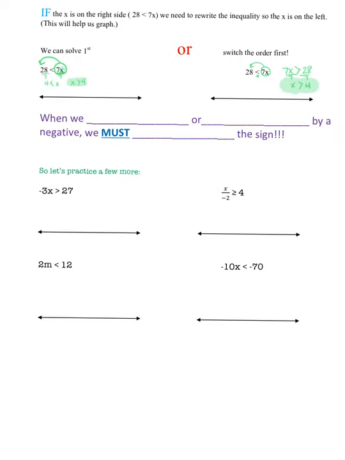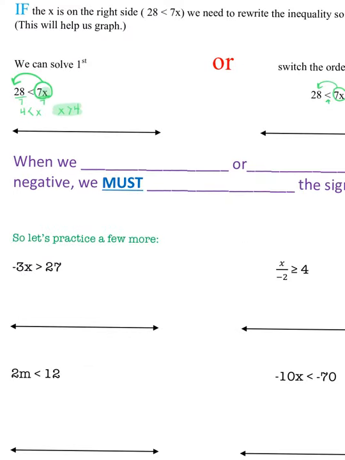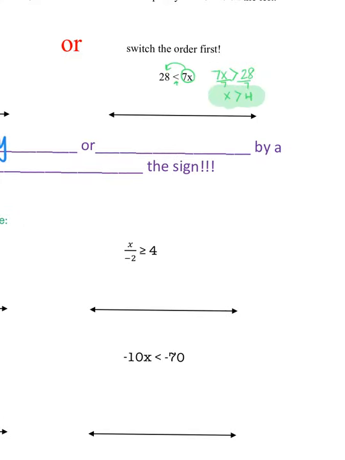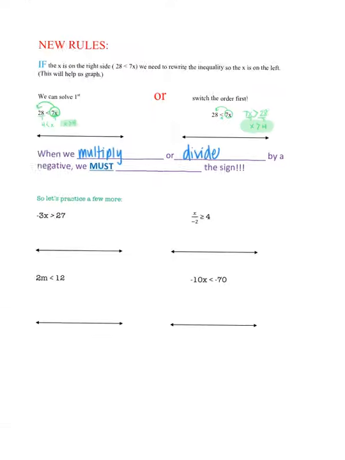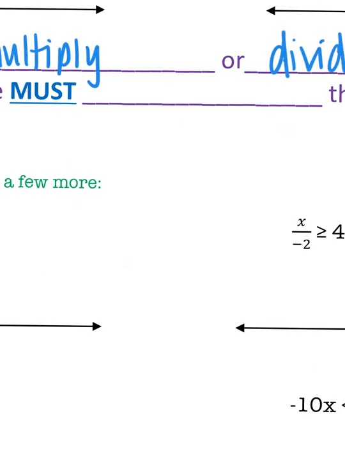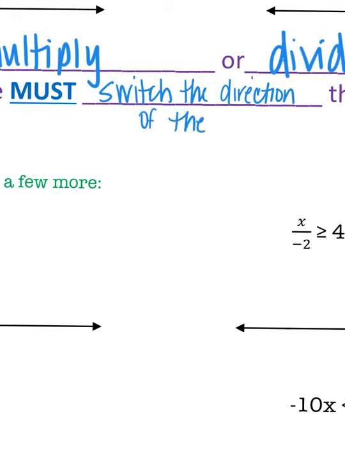Okay, the very next and last part to this is that when we multiply or divide by a negative, we must always switch the sign or switch the direction of the sign.